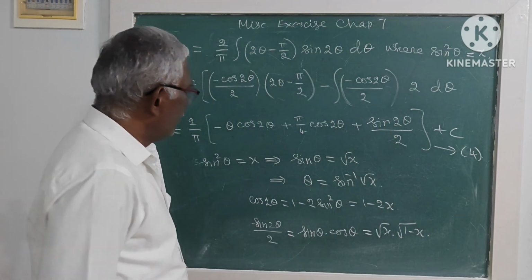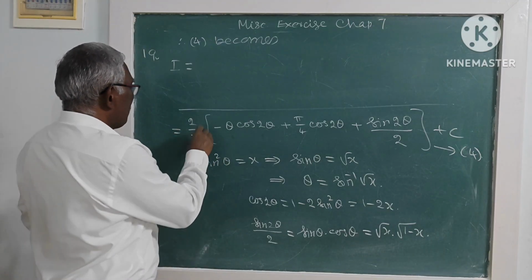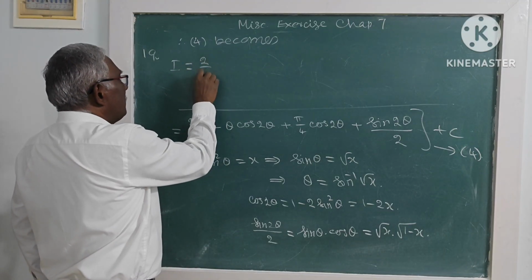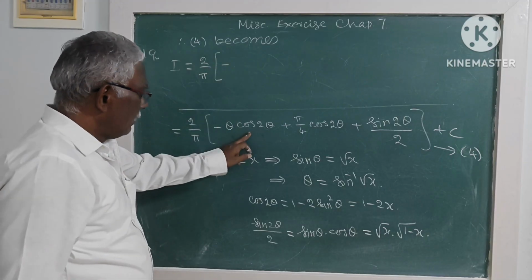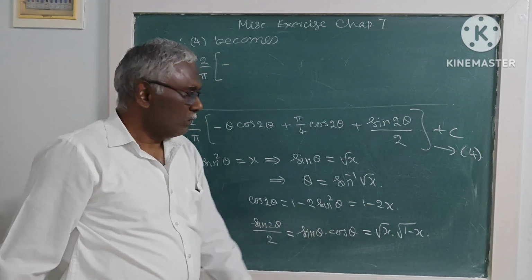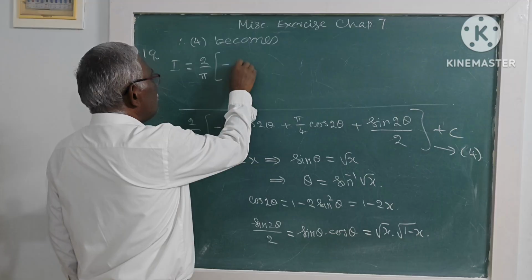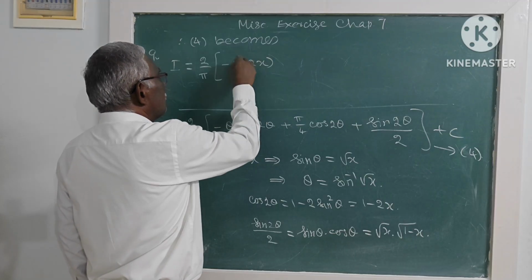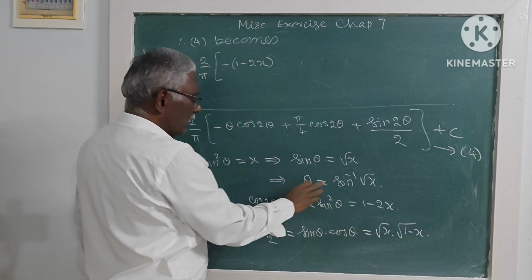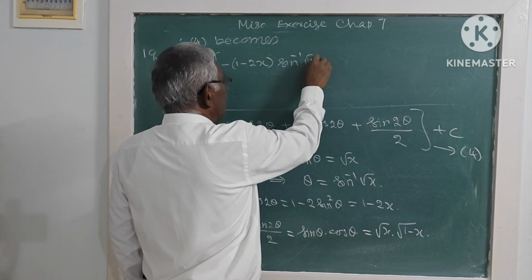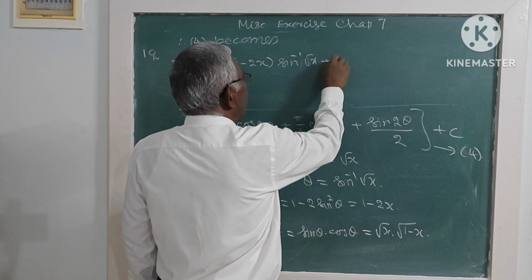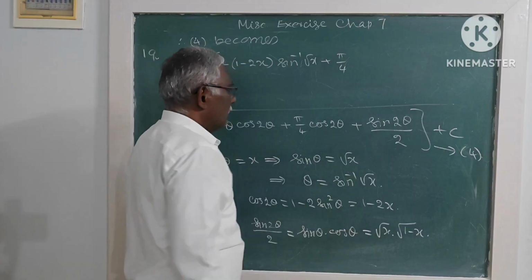So therefore I becomes 2 by pi, minus cos 2 theta is 1 minus 2x, theta is sine inverse root x plus pi by 4.